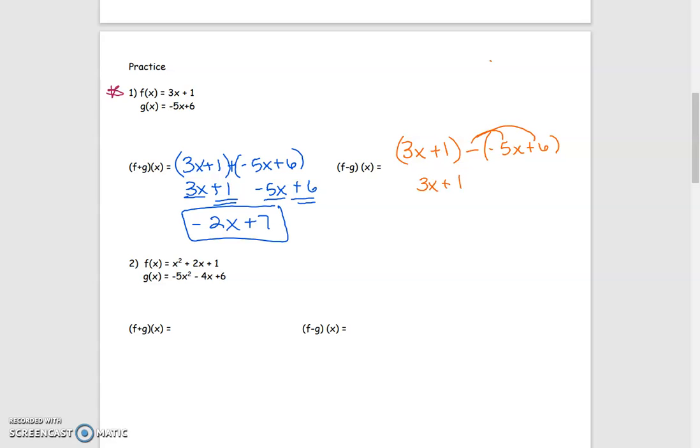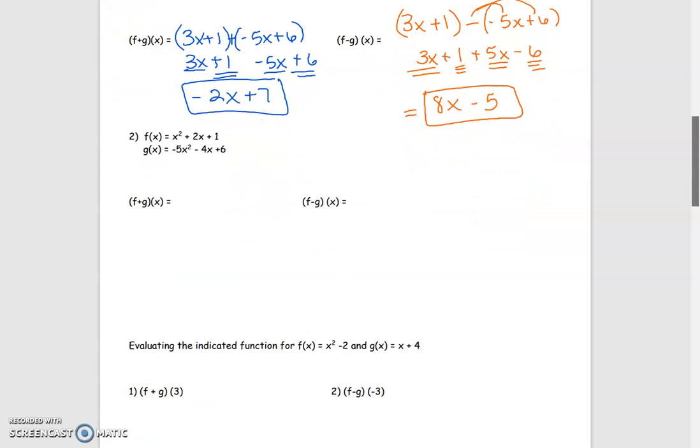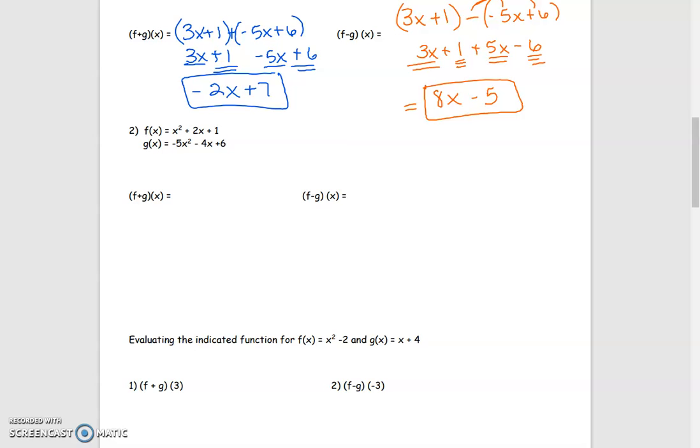So 3x plus 1 plus 5x minus 6, and then combine your like terms. So 8x, and then 1 and negative 6 is negative 5. 8x minus 5.